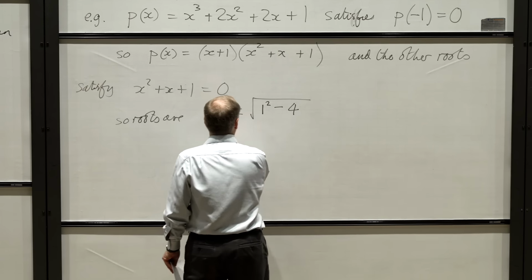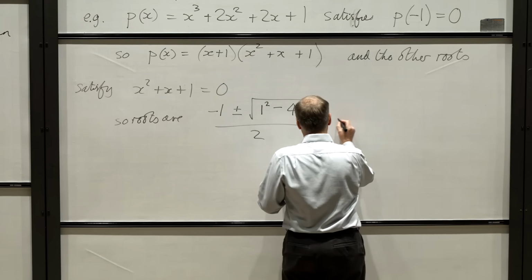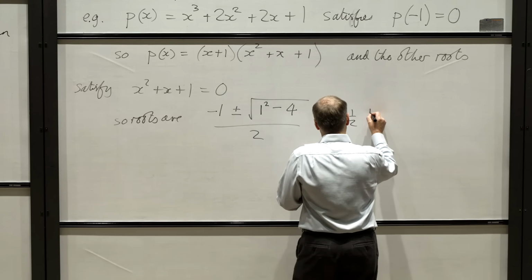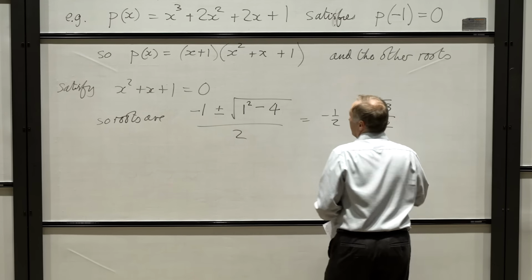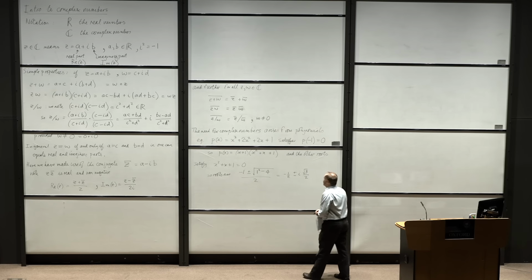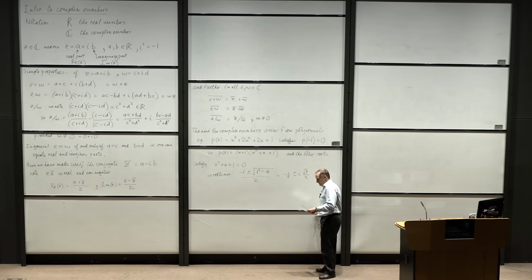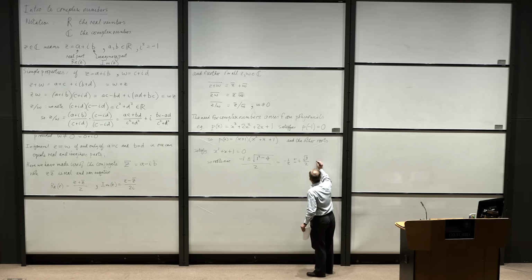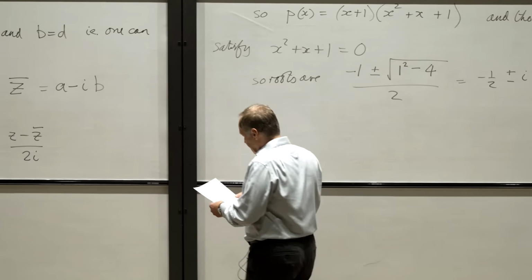That's 4 times 1 times 1 all over 2a. Okay? This is equal to minus a half plus or minus i times root 3 over 2. So the roots are necessarily complex in this case. i squared is -1, as before.